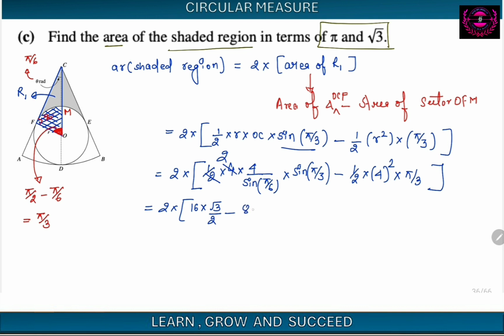So 8 pi by 3, which is finally 16 root 3 minus 16 pi by 3. This is our final answer in centimeter square.